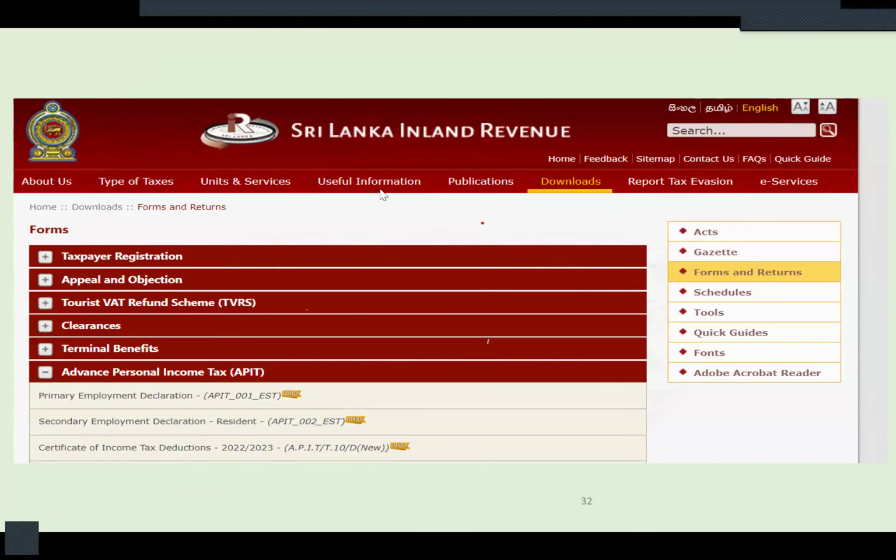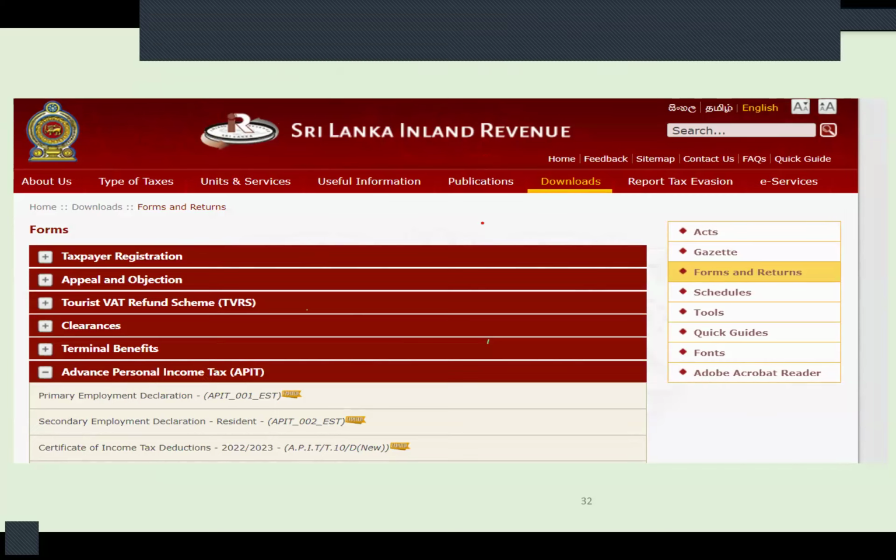So you can see the website of the Inland Revenue Department. In the Inland Revenue Department website, you can see publications. Under this publication, you can see APIT tables. In the download part, you can see this kind of forms.